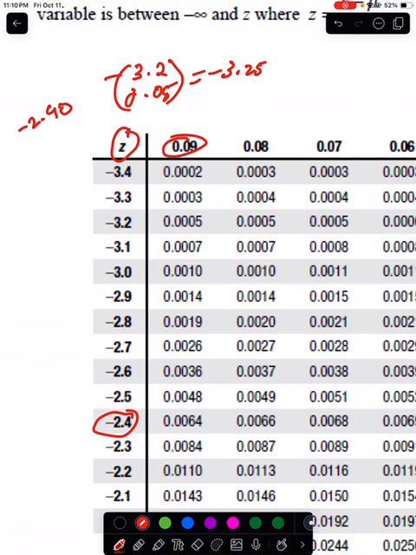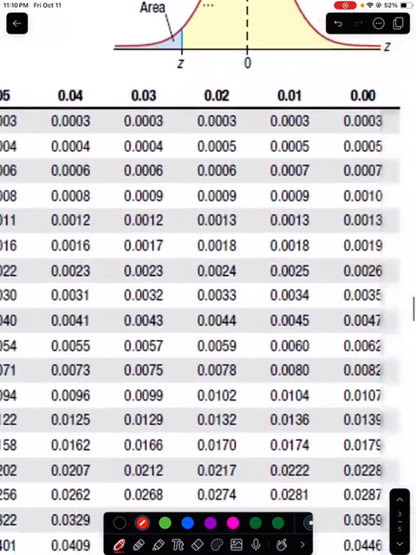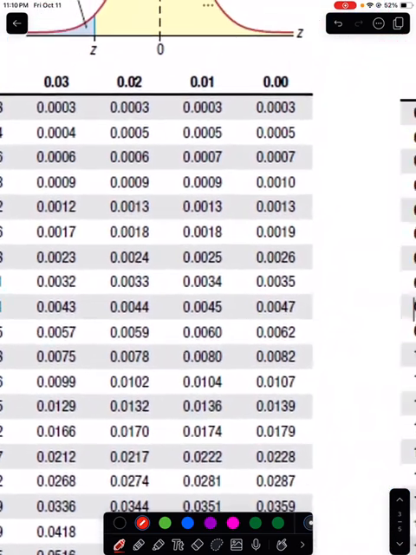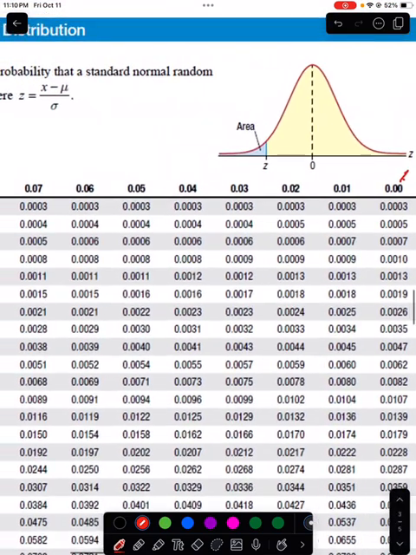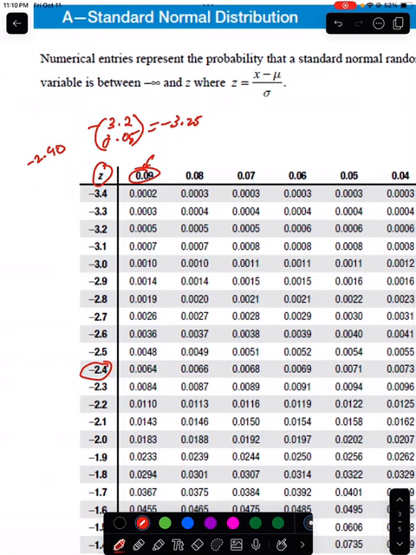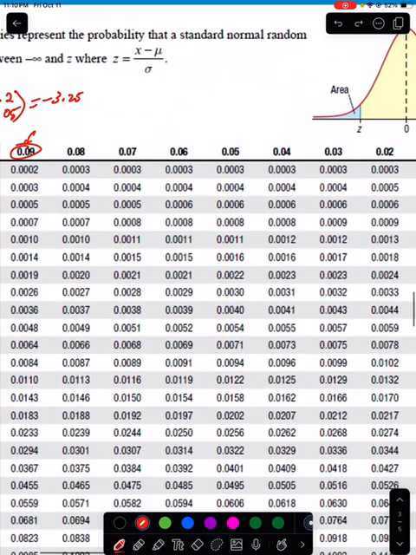So it means we have to look for the column which says 0.00. You can see the second column is 0.09, so we cannot take that. The last column here is giving us 0.00, so we have to come to this last column. So we go through this line, we read through this, we don't cross it. Basically, we go all the way to the end.